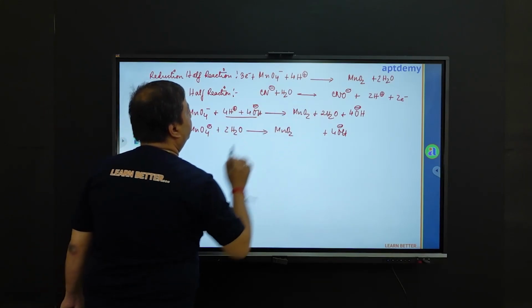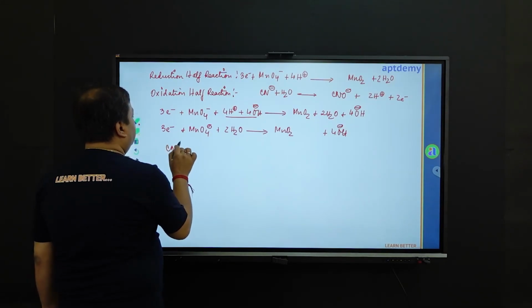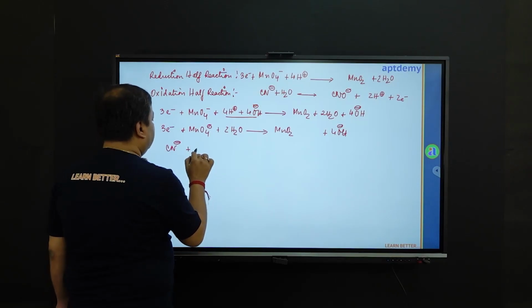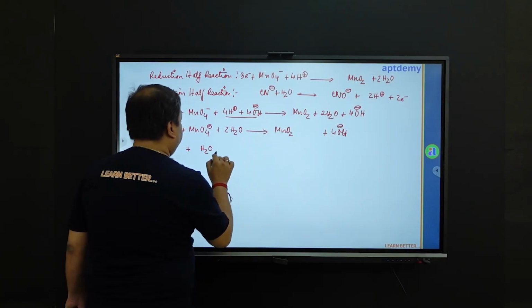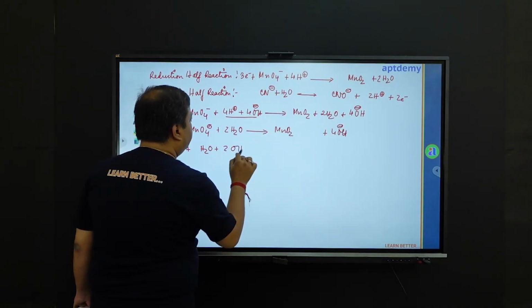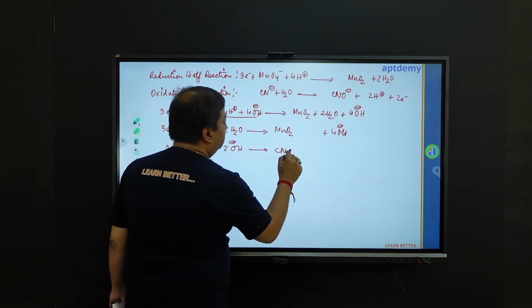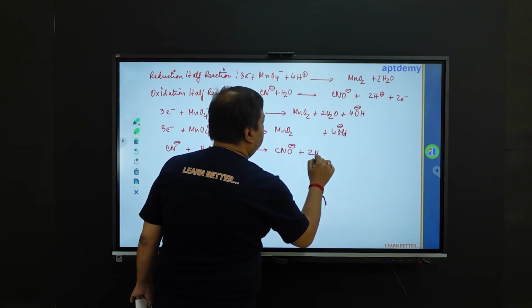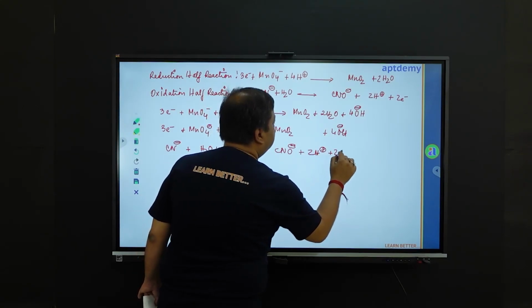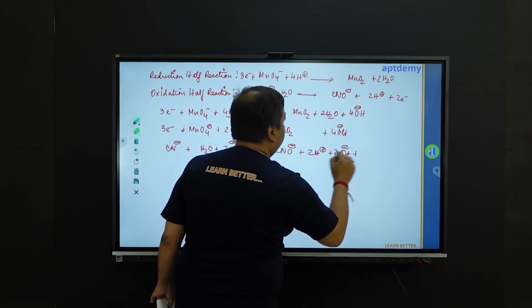What about the other one? For that we need to write CN minus plus H2O plus 2OH minus, giving us CNO minus plus 2H plus plus 2OH minus, and just keep in mind that this is going to be 2 water molecules.